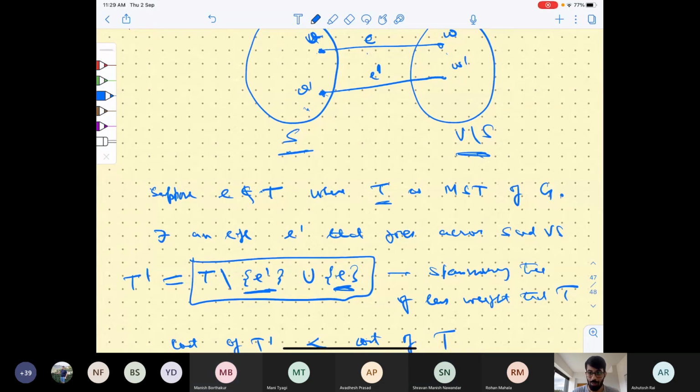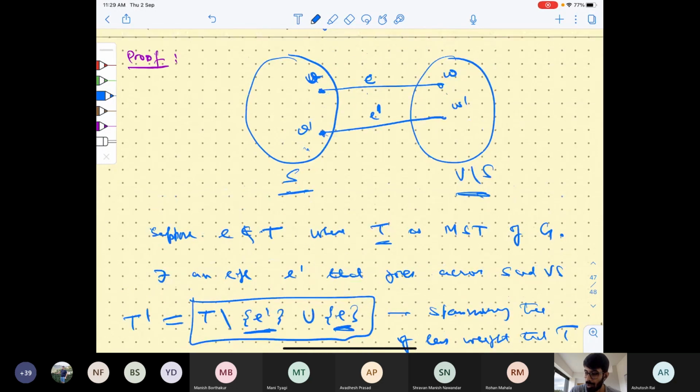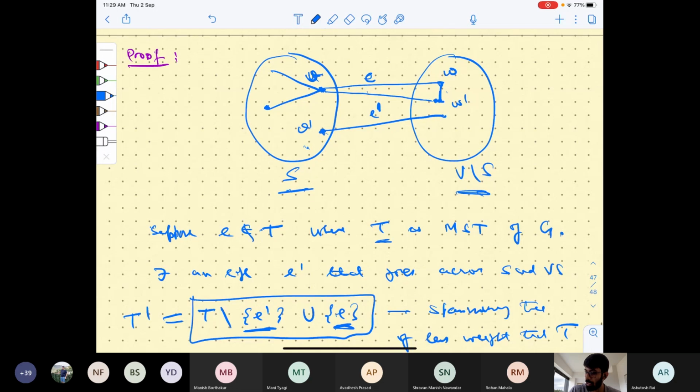So this is what I was going to come to: if we do it this naively, then we might not get a spanning tree. In that example also this was true. So E is, suppose, the cheapest edge, and you have something like this, let's say, and then you have this and this, right?